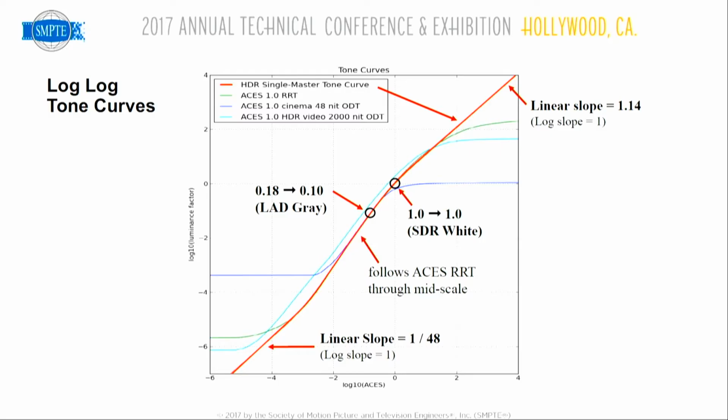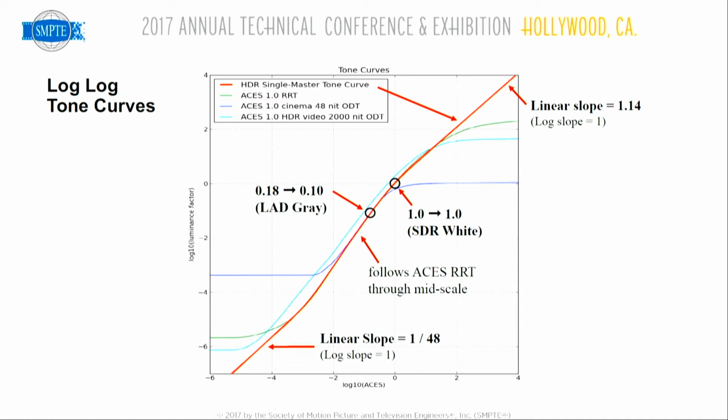And as is the tradition in image science, I'm going to show you some graphs on logarithmic axes. What I'm showing here in the red curve is the neutral scale performance of the core rendering transform.